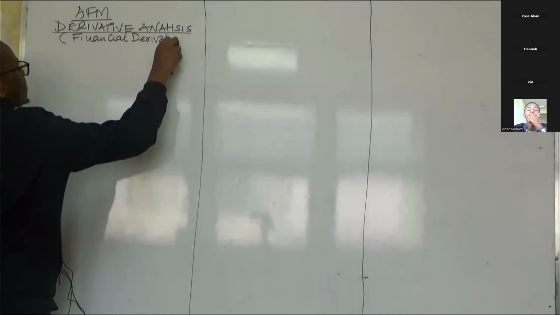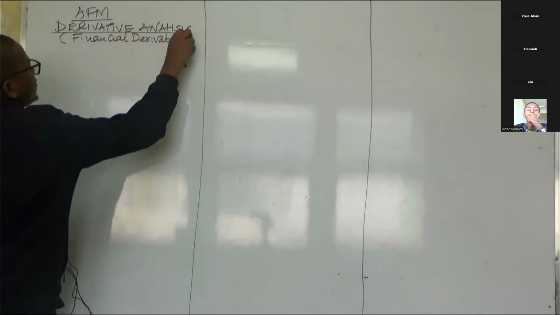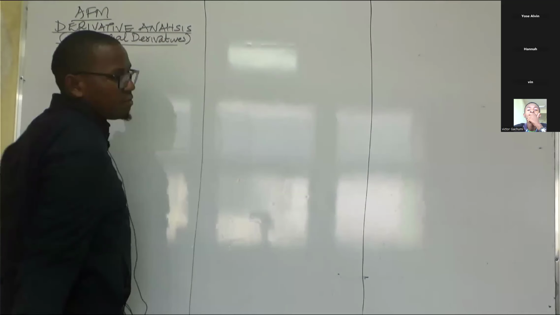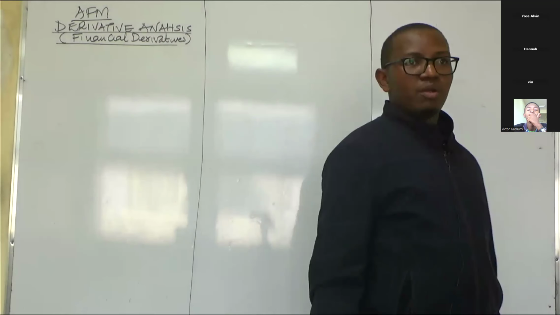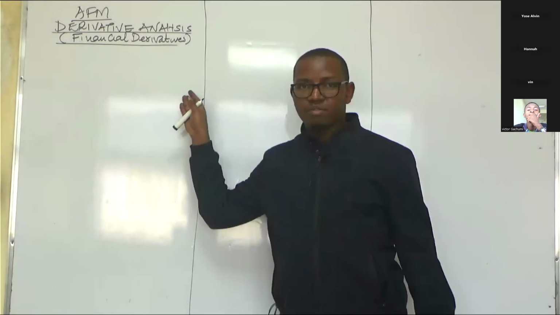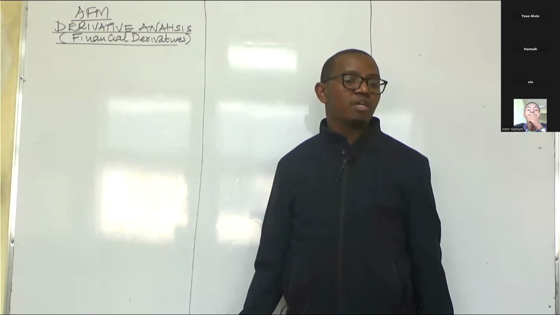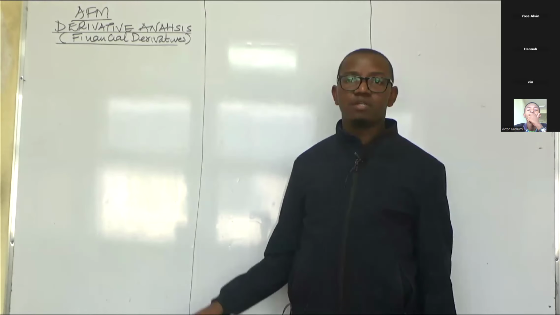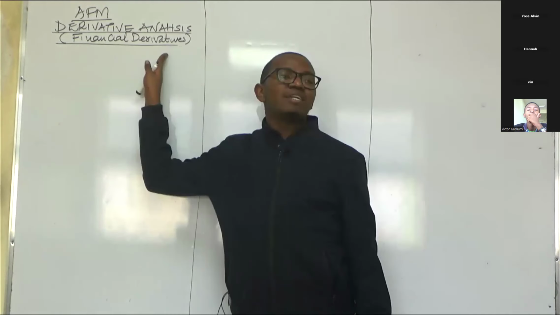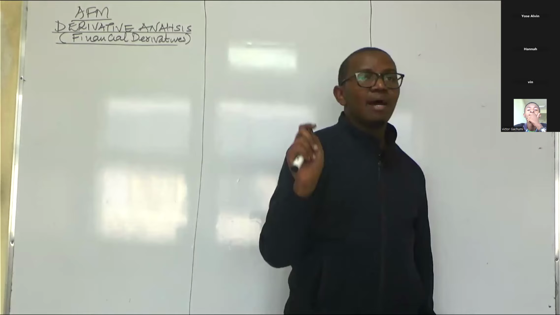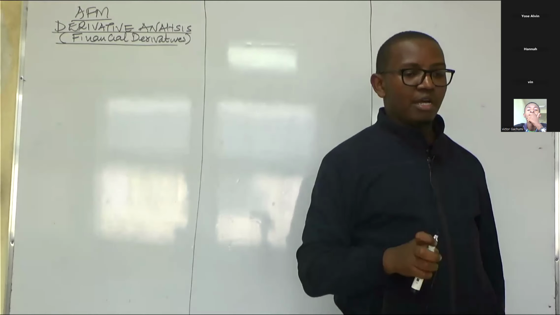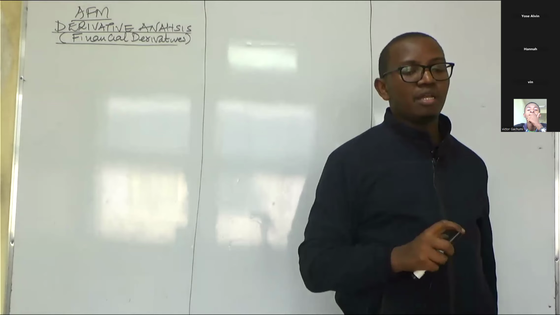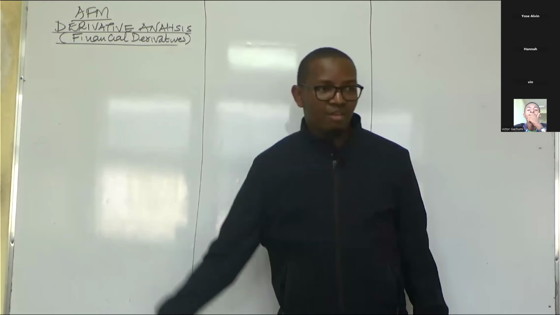Now, when we talk of financial derivatives, it is from the word to derive that we get the word derivative. So we're talking about those financial instruments whose value is derived from an underlying what? Asset. And when I talk of an underlying asset here, we are talking about another value of a given asset.